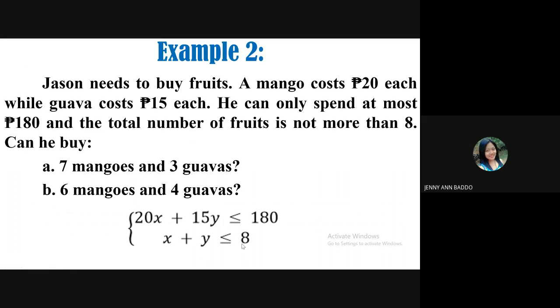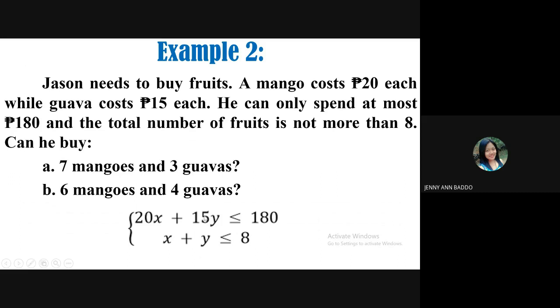To find the answer for those two questions, we simply substitute the number of mangoes and guavas to x and y. For A, we have 20 times 7 plus 15 times 3. Is that less than or equal to 180? Let us see. 20 times 7 is 140, plus 15 times 3 is 45. Adding those two numbers, we have 185.